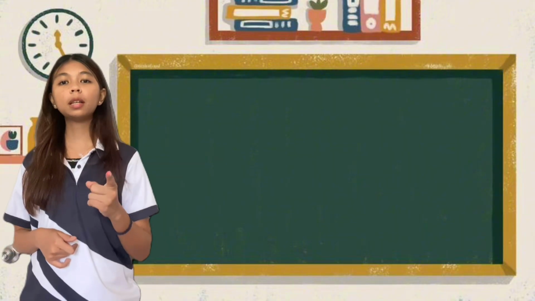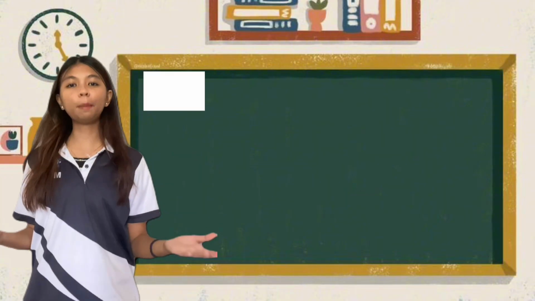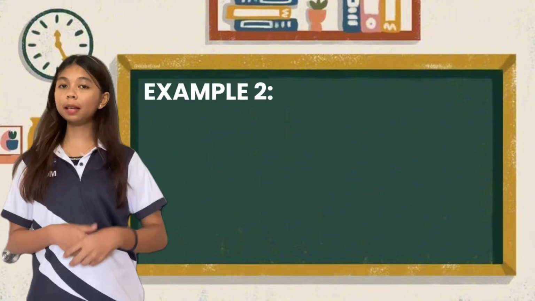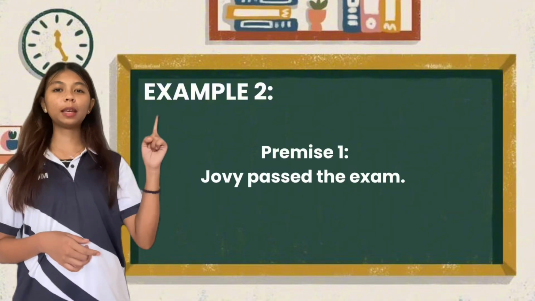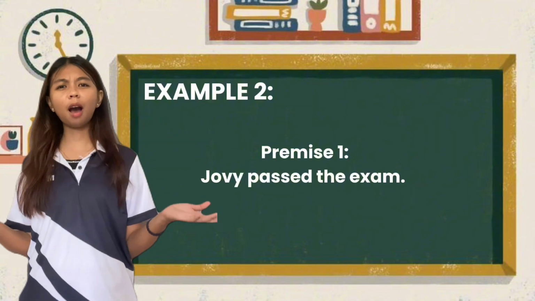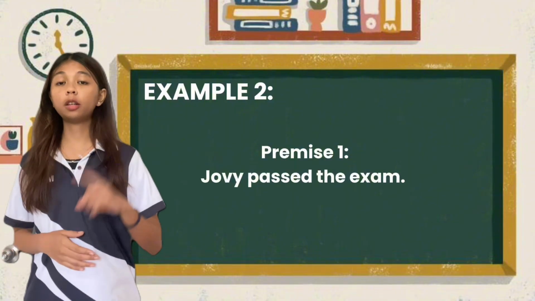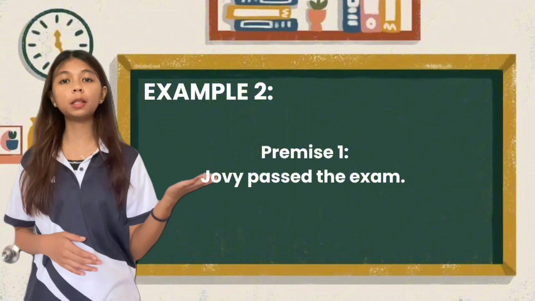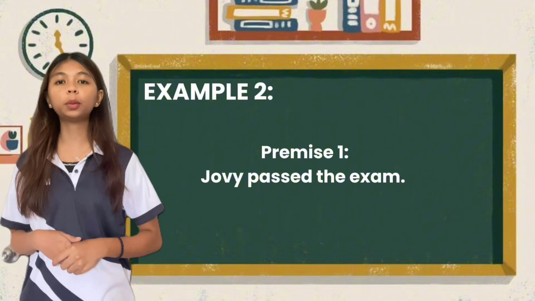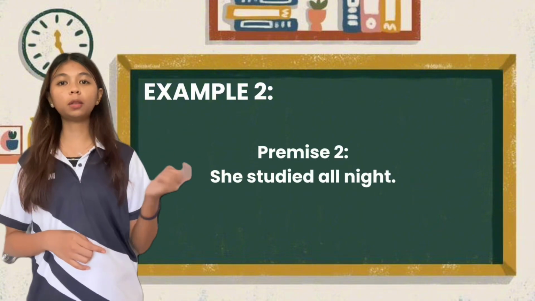But if you don't, let's have another example. Our premise is, Jovi passed the exam. So what will be our conclusion? Now, let's add another proposition. Let's assume that our next proposition is, she studied all night.